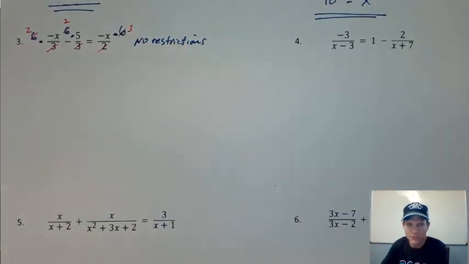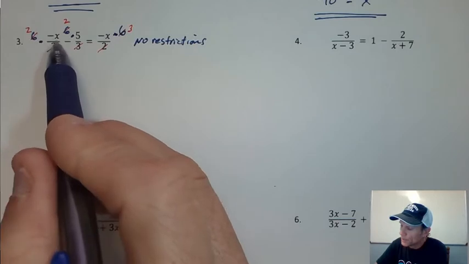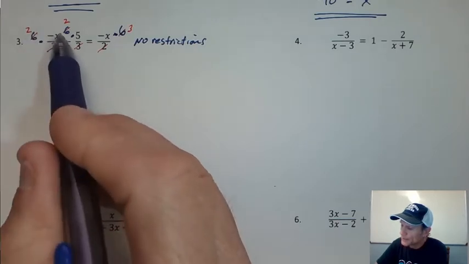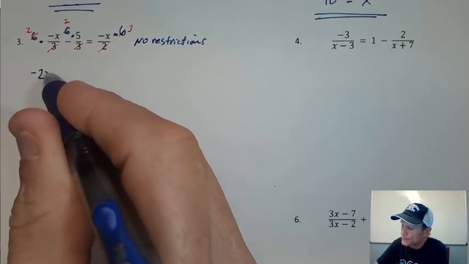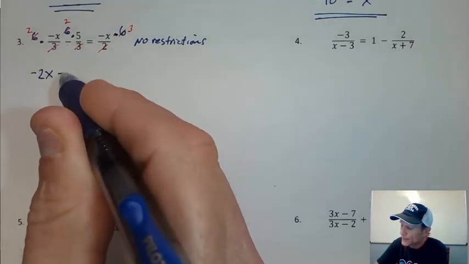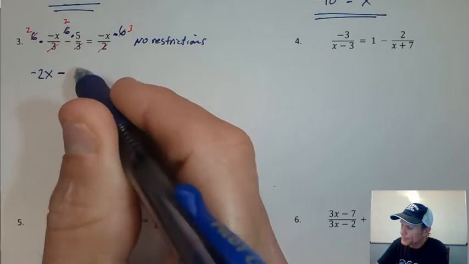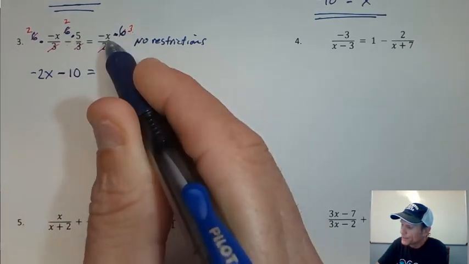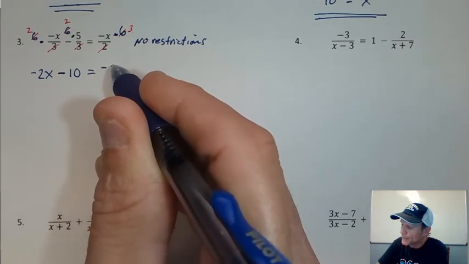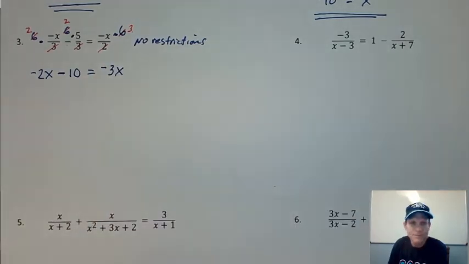So in this little piece, I get negative 2x. I have my minus sign. I get 2 times 5 is 10. And then 3 times negative x is negative 3x. So that cleans up those 3 individual pieces.